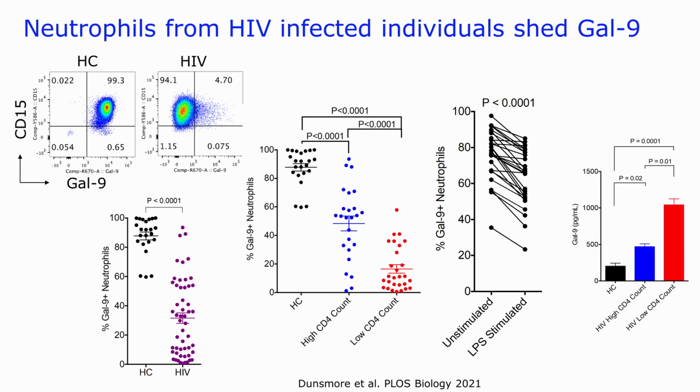And if you just collect neutrophils and culture them in a Petri dish, from healthy individuals, high CD4 count, and low CD4 count HIV, you can see a significant elevation of GAL shedding from neutrophils of HIV-infected individuals that have low CD4. It means that they are more progressed in terms of HIV.